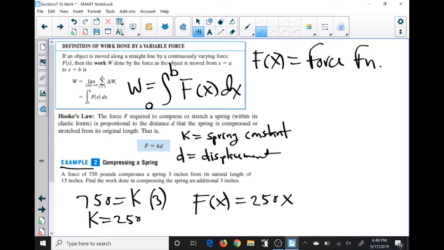And now all of this can be put together. Work is equal to the integral of 250x dx.